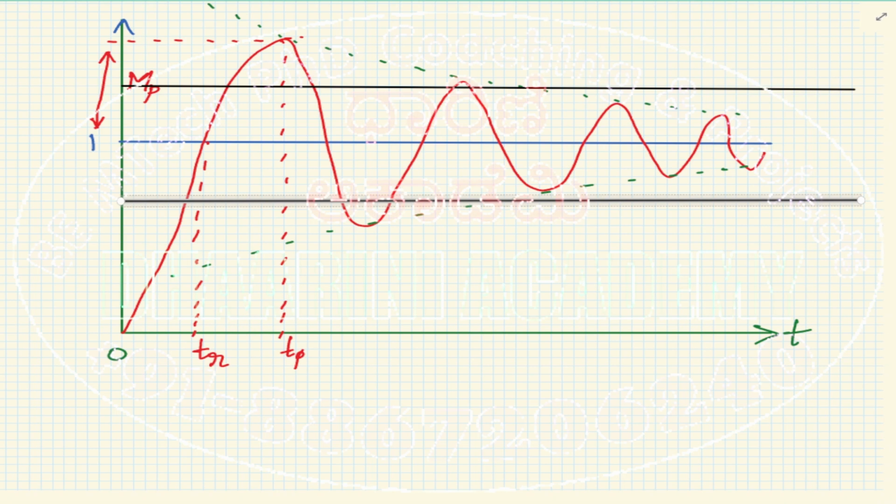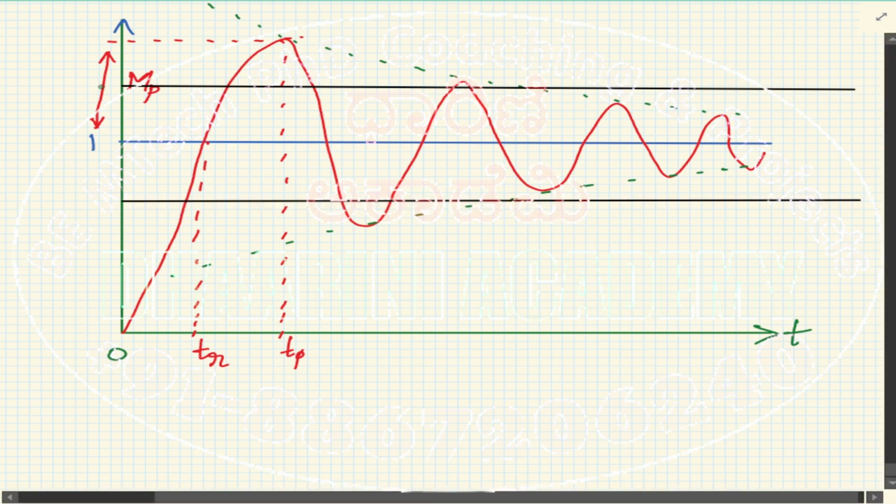Why is the tolerance used? Because it's going to take infinite time to reach 1, and you cannot wait for that long. So you define a tolerance. If it comes within this percent, maybe this is 5%, that means above you have 1.05, below you have 0.95, right?